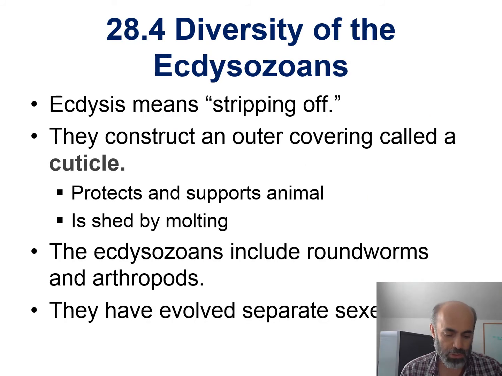We are moving on to the third group, which consists of organisms that belong to the group called Ecdysozoans. Ecdysis means stripping off. These are organisms that construct and remove their outer covering, which is called the cuticle.